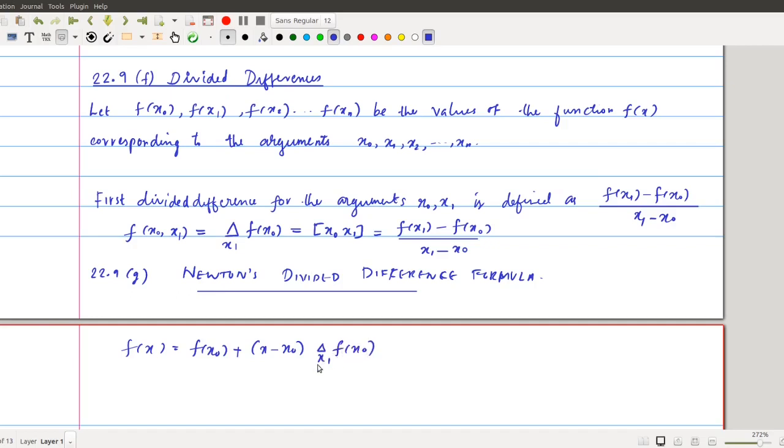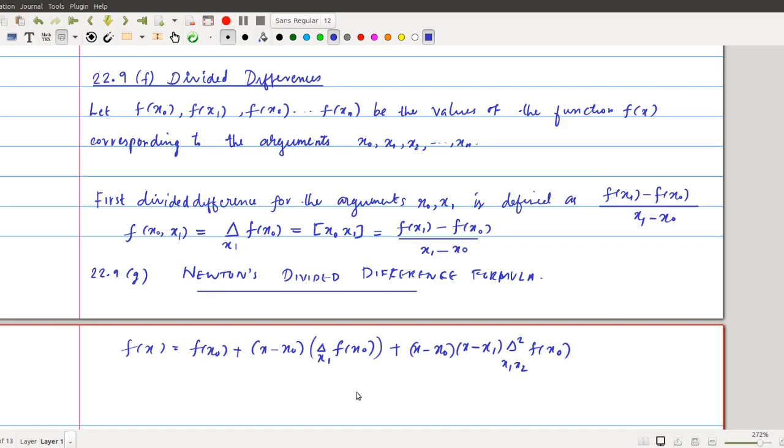So this is f of x1 minus f of x0 divided by x1 minus x0. So that is the symbol here, and the next term will be x minus x0 into x minus x1 times delta square x1 x2 of f of x naught. Okay, so this is the second order divided difference formula. So that is obtained from this.